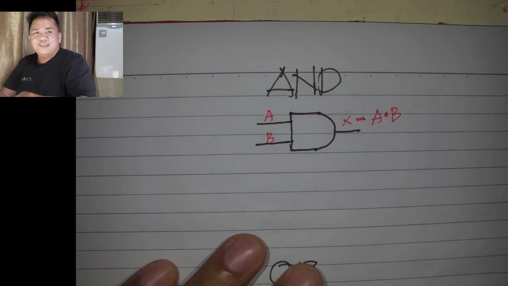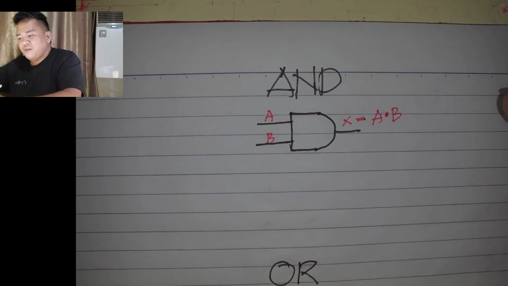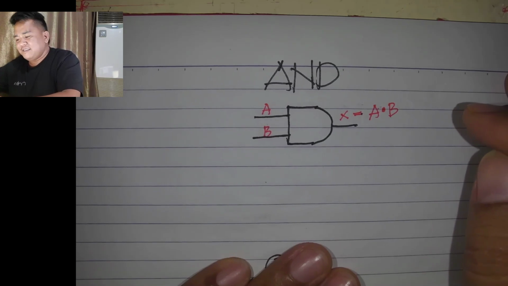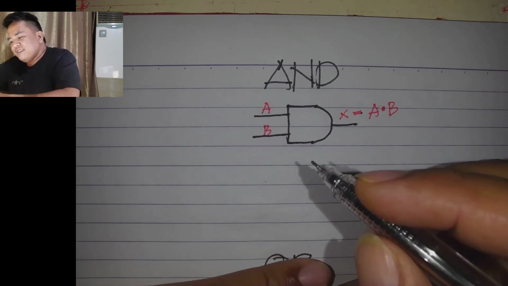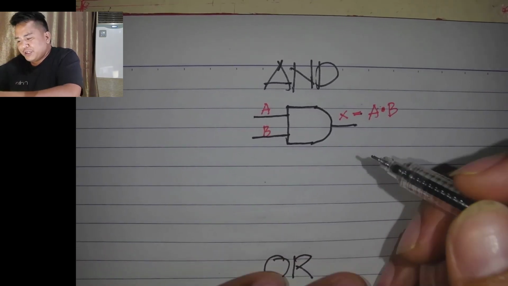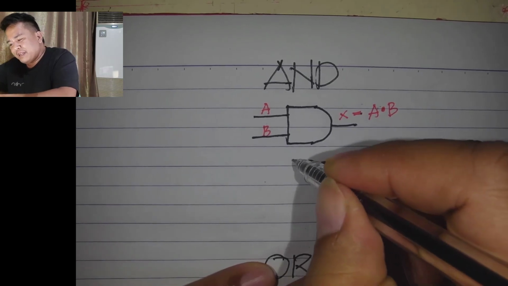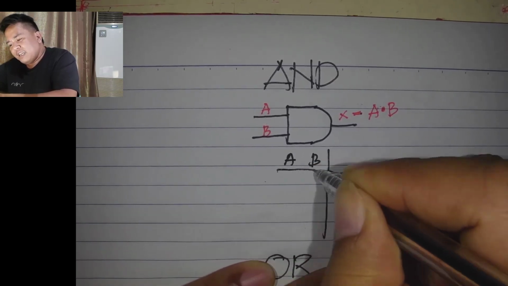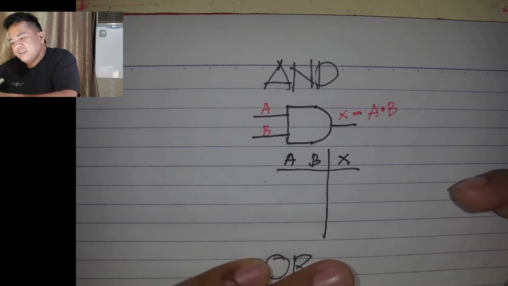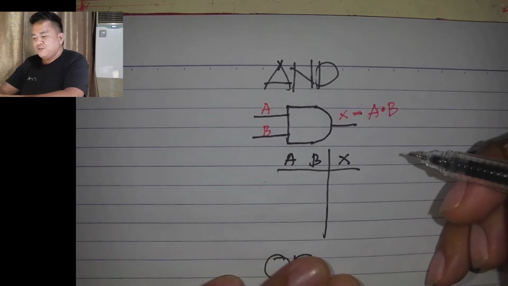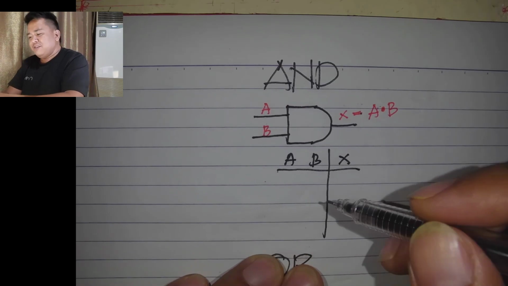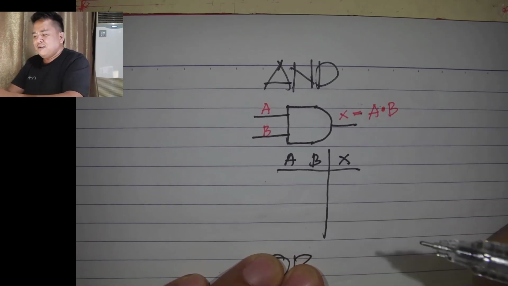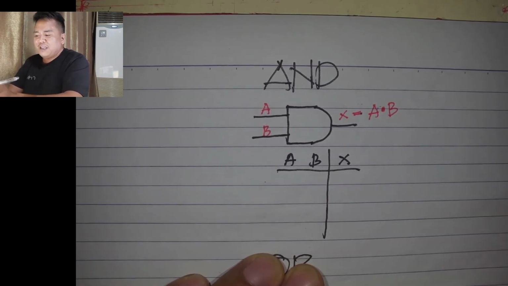Multiplication. Now, proceed tayo sa truth table. So, ganun pa rin. We have inputs A, B. The output is X. In a two-input combination, we have 4 possible input combinations.